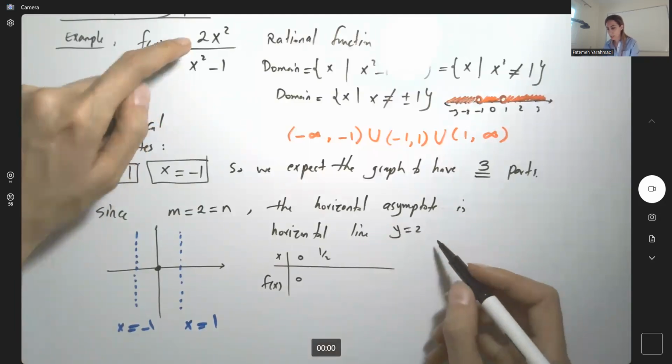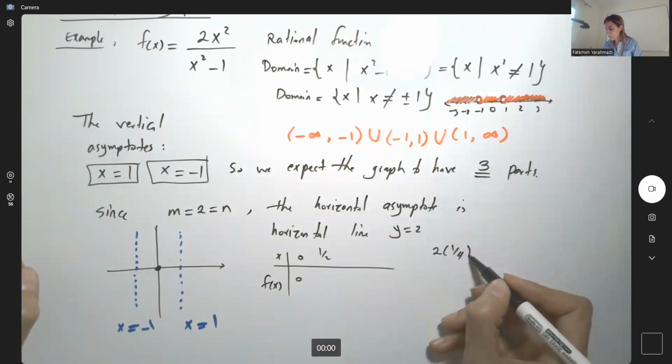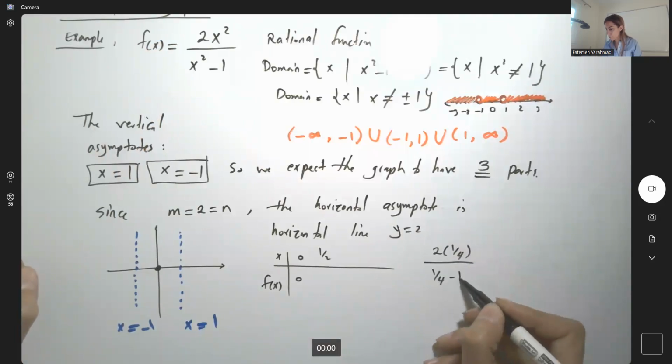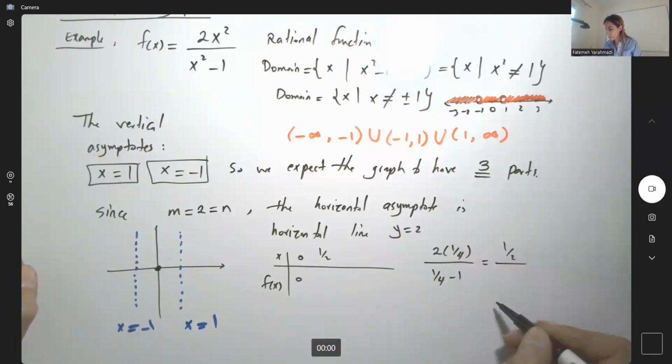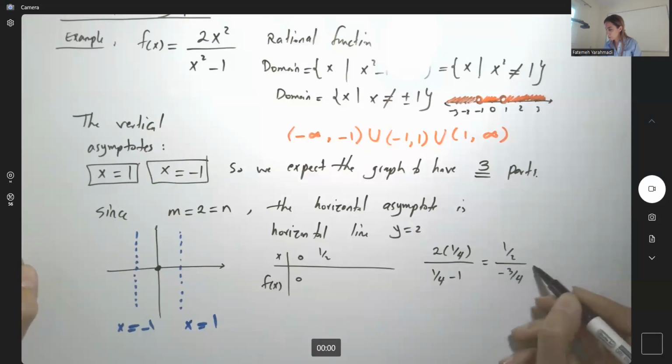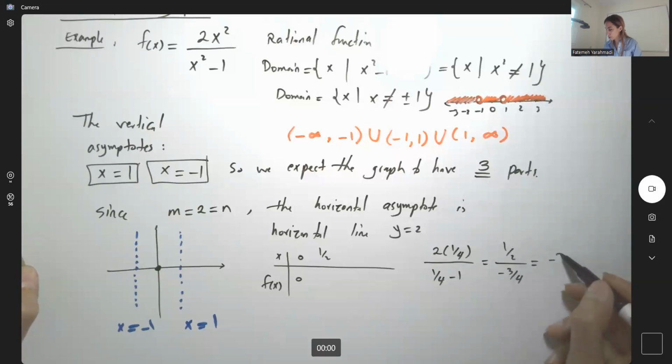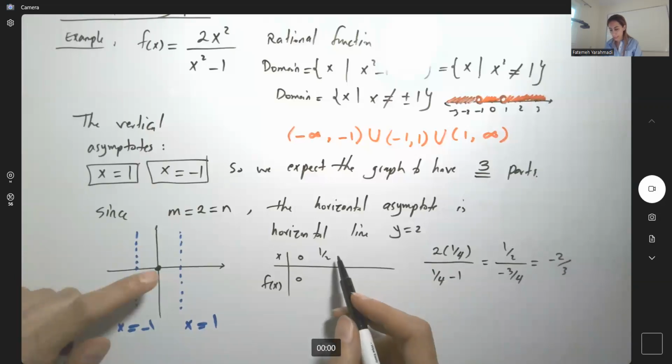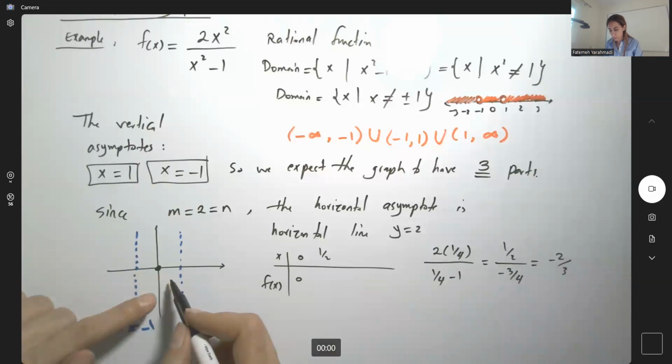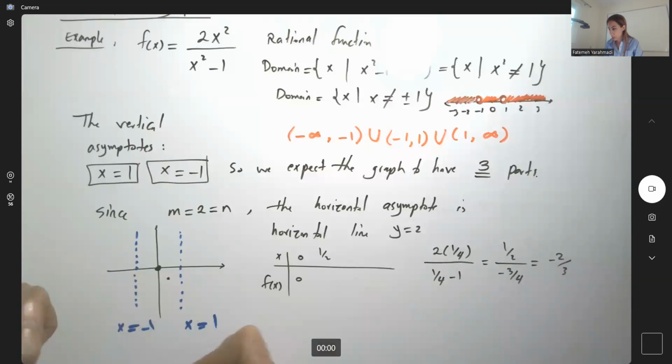If I plug in a half, I get 2 times a fourth divided by a fourth minus 1, or I have a half divided by negative 3 over 4. If I do this simplification here, I get negative 2/3. So at a half, I have negative 2/3.